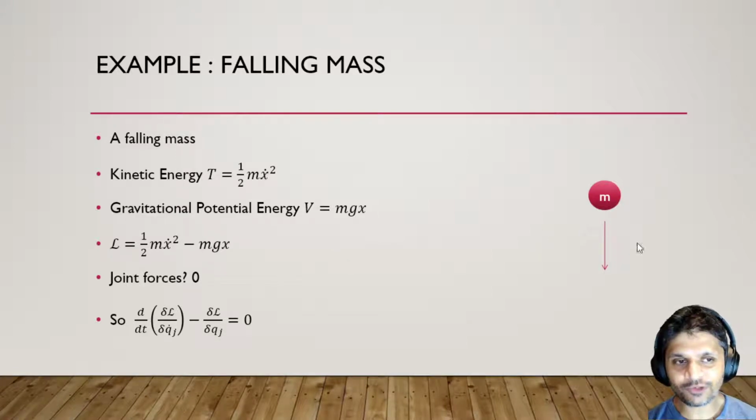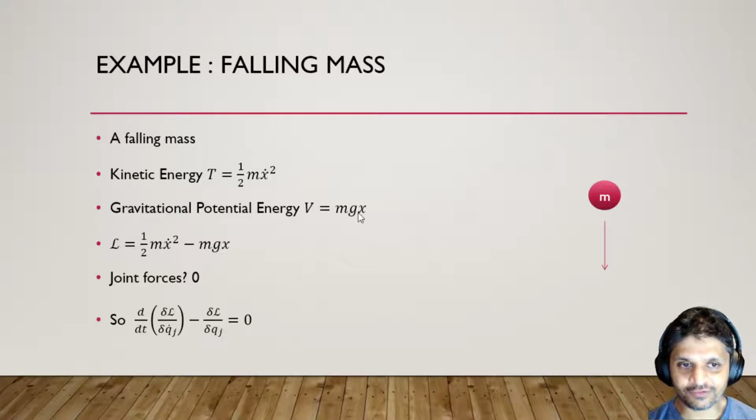And what's the potential energy of the system? Well, in this case, the only potential energy it has is the potential energy due to gravity, which you might remember from previous physics as mgh. It's the mass of the object times the gravitational acceleration times the height of the object.